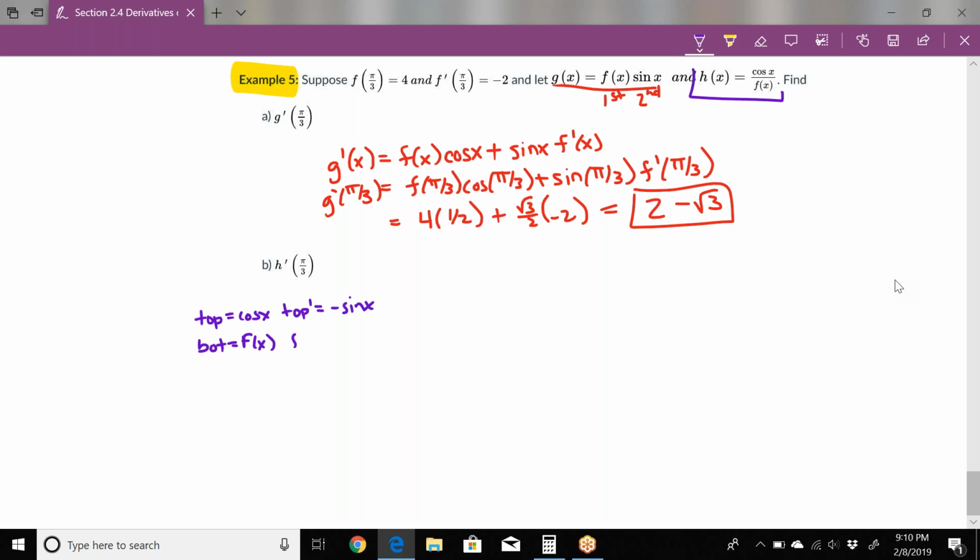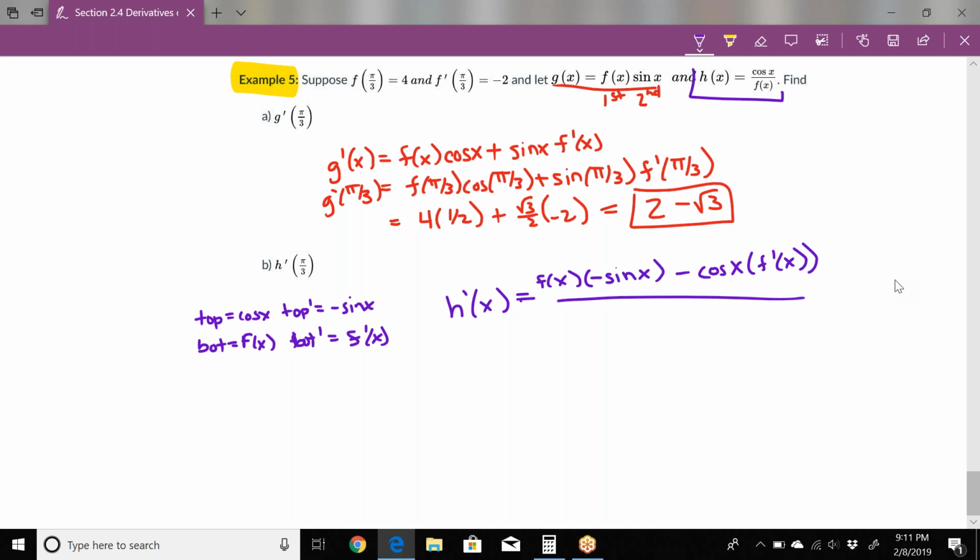So bottom prime is going to be f prime of x. So then when we write h prime of x, it's the bottom times the derivative of the top, minus the top times the derivative of the bottom, all over the bottom squared.